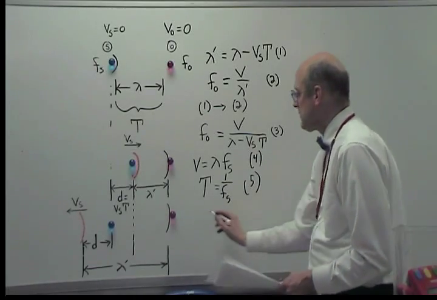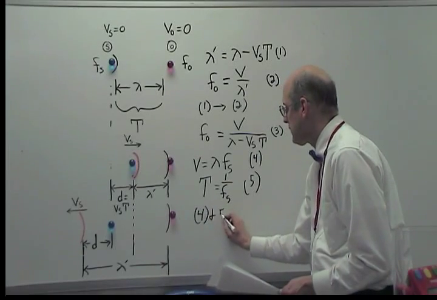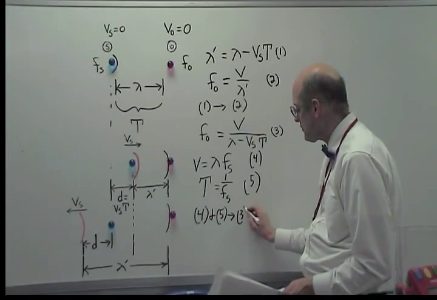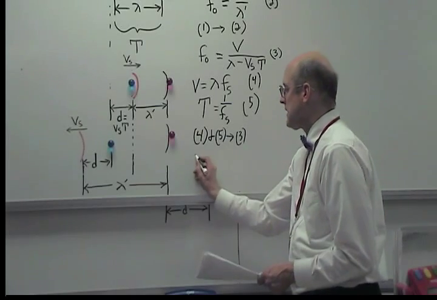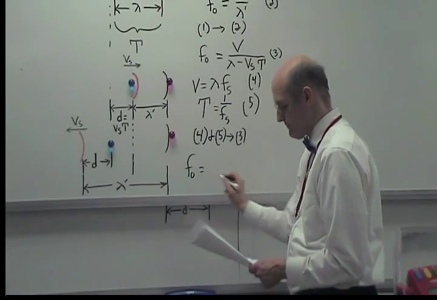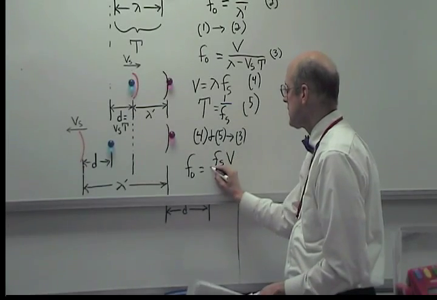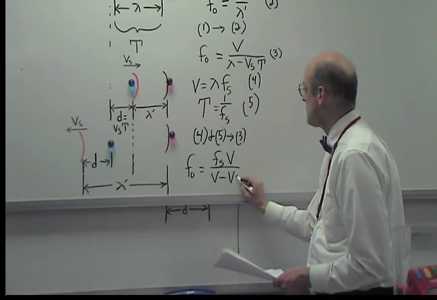Now I'm going to take equations 4 and 5 and substitute them into equation 3. And in so doing, I get that the observed frequency is equal to the frequency of the source times the speed of sound divided by the speed of sound minus the speed of the source.